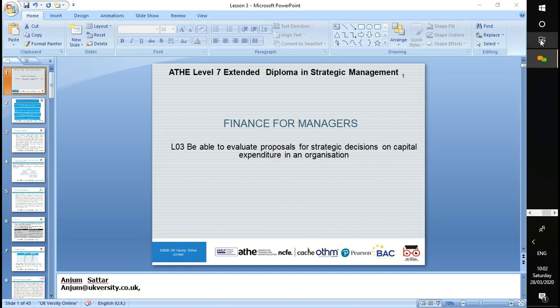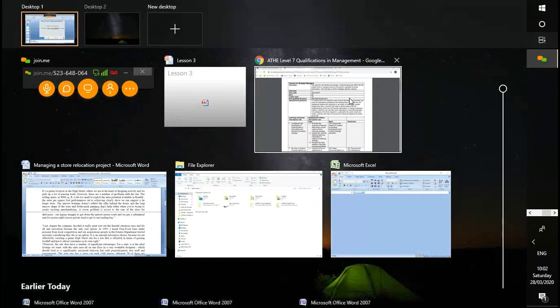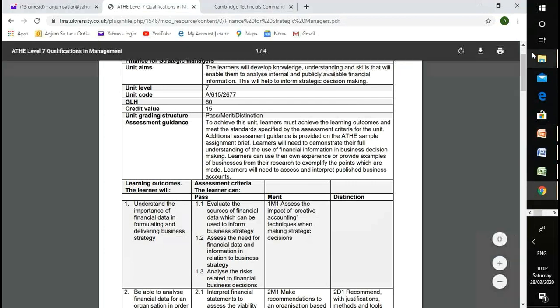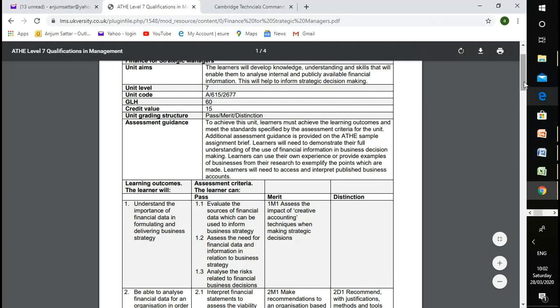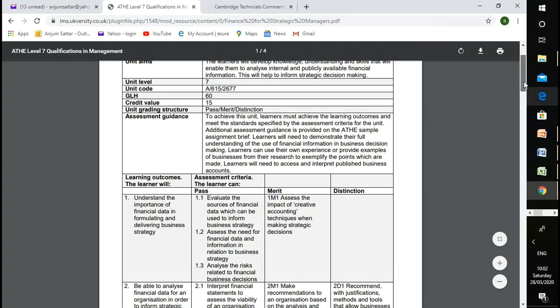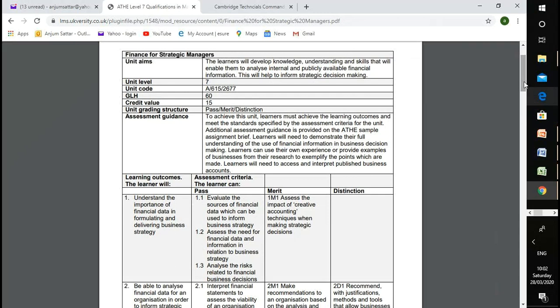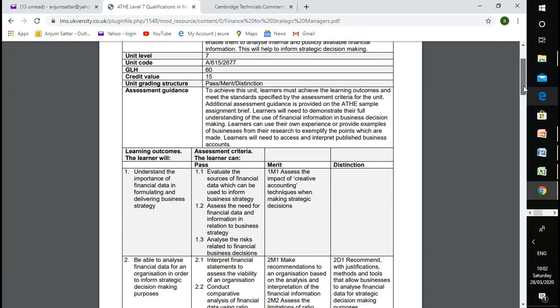So before starting our lesson, we'll recap a bit what we learned during our previous two lessons. Anything we remember? We've looked at financial data, the different sources, creative accounting, how to make an assessment of various ratios: liquidity, profitability, cash position.